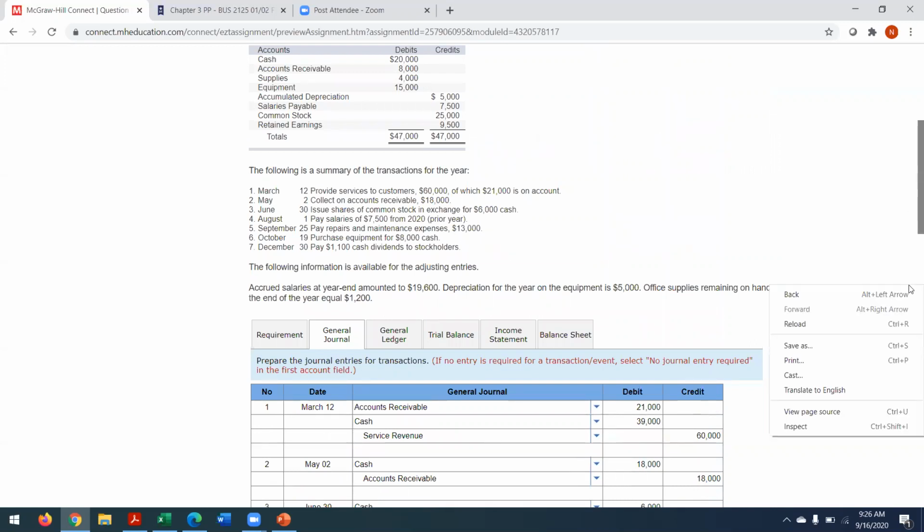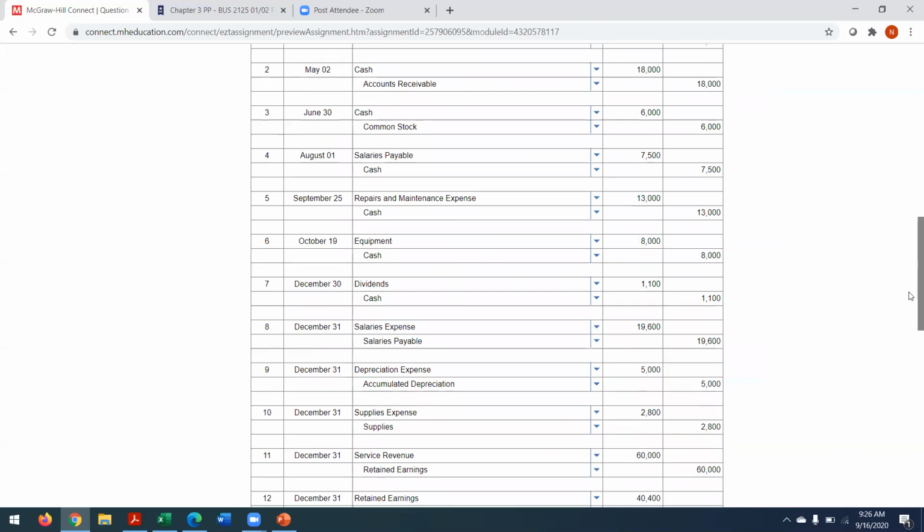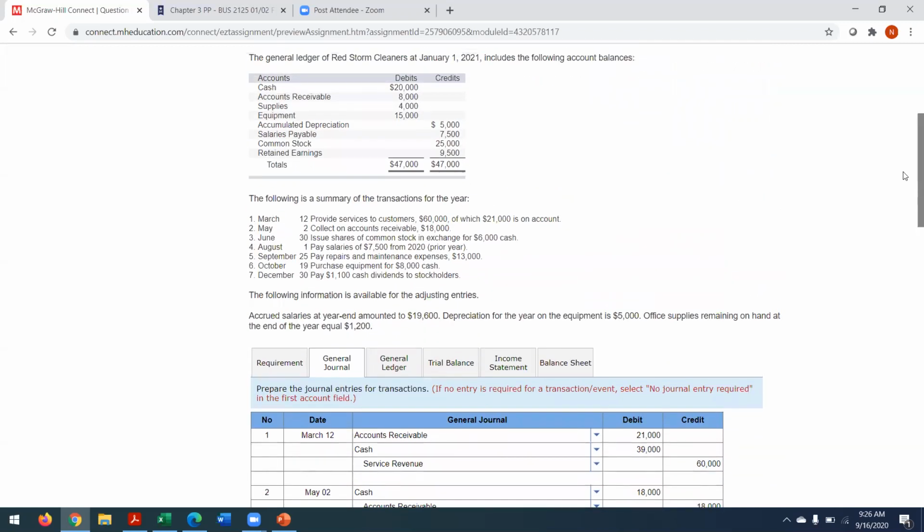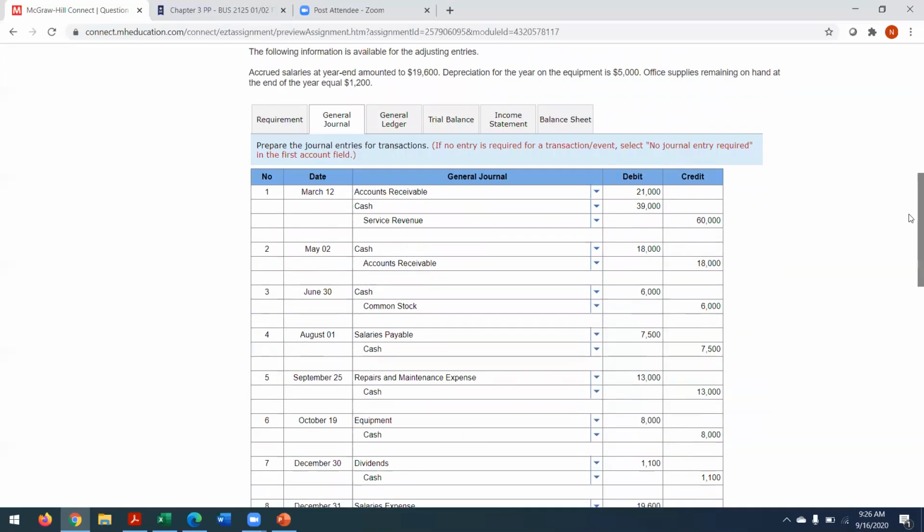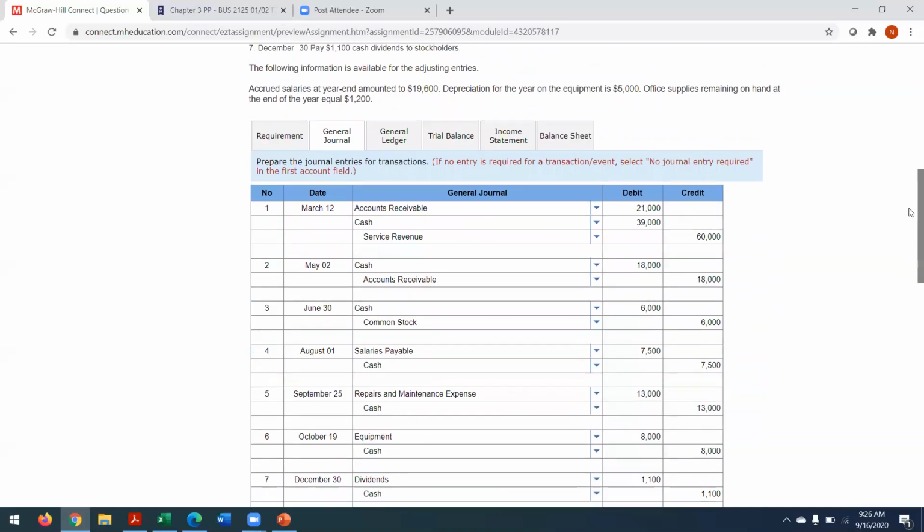Debit equipment, $8,000. Credit cash, $8,000. Then pay $1,100 cash dividends to stockholders. Wouldn't we debit dividends for $1,100 and credit cash for $1,100?